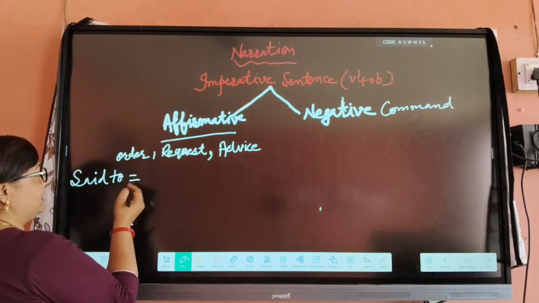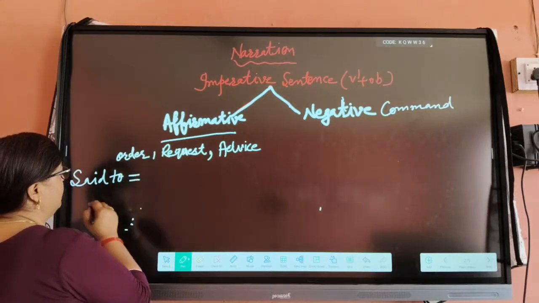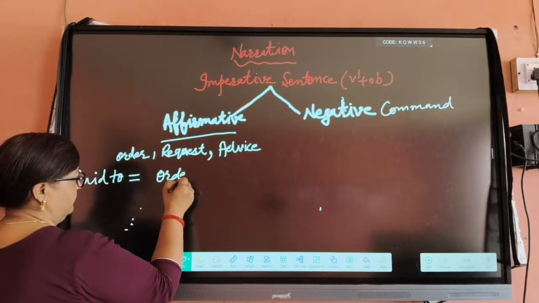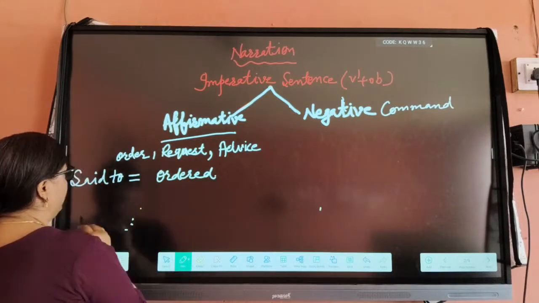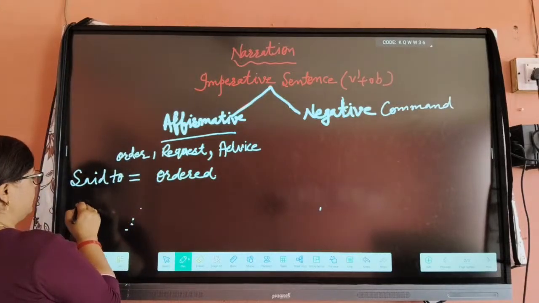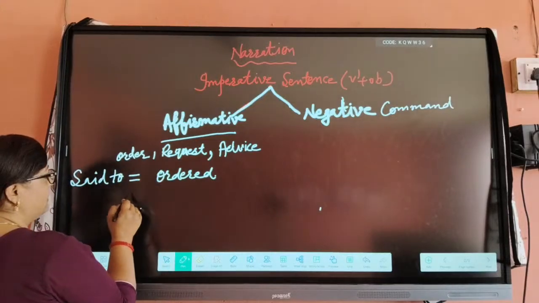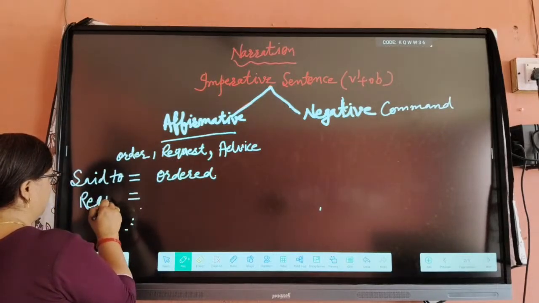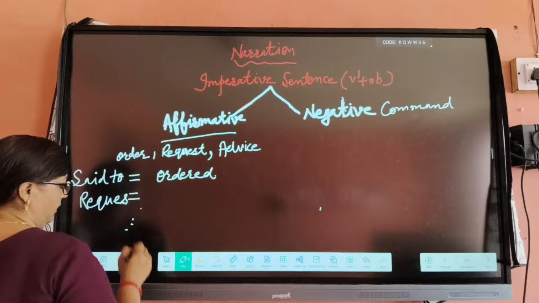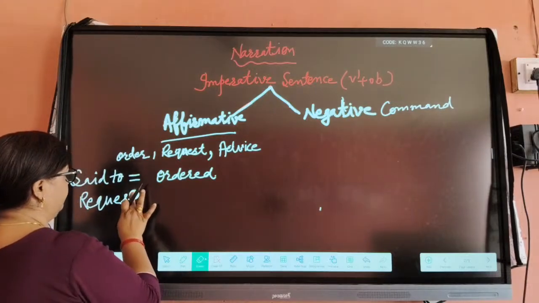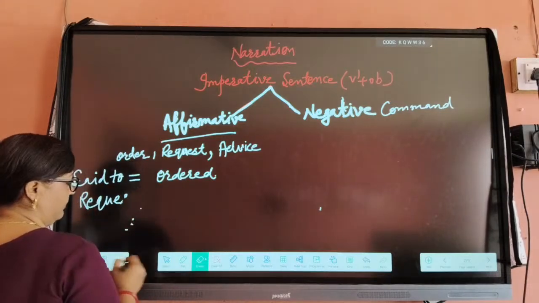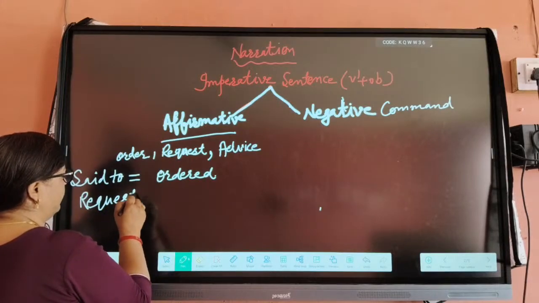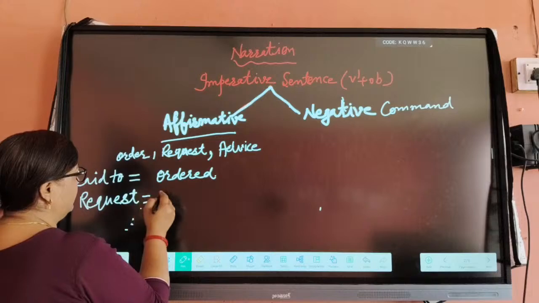If in our sentence there is order, then our said to will change into ordered. If we have the sense of request, then we will change our said to into requested.